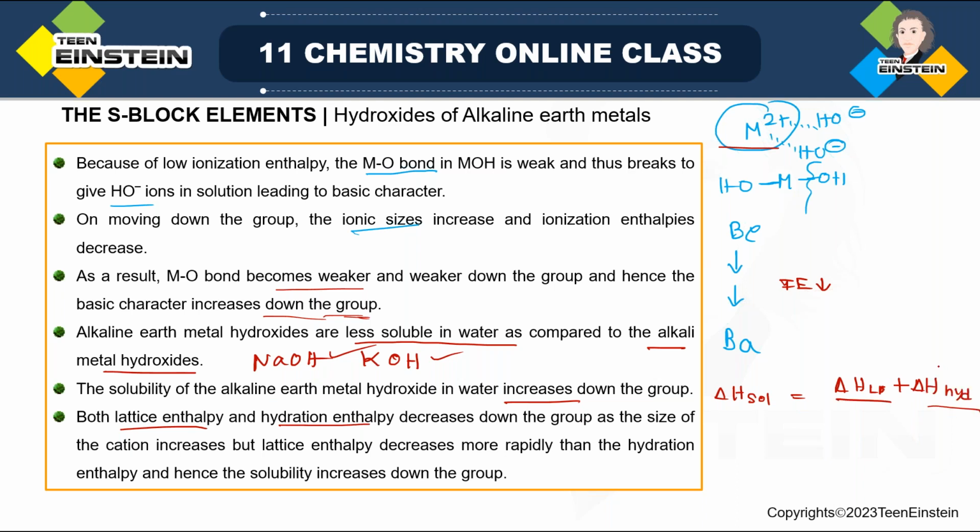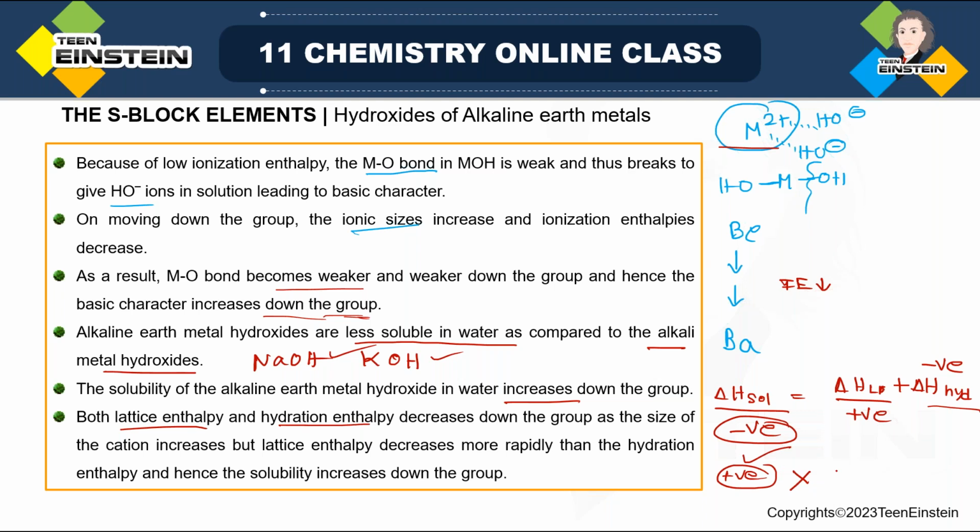The more negative the hydration enthalpy becomes, because lattice enthalpy is always positive, the more likely the enthalpy of solution will also be negative. When this is negative, then only water solubility is possible. If the enthalpy of solution is positive, then water solubility is not possible.